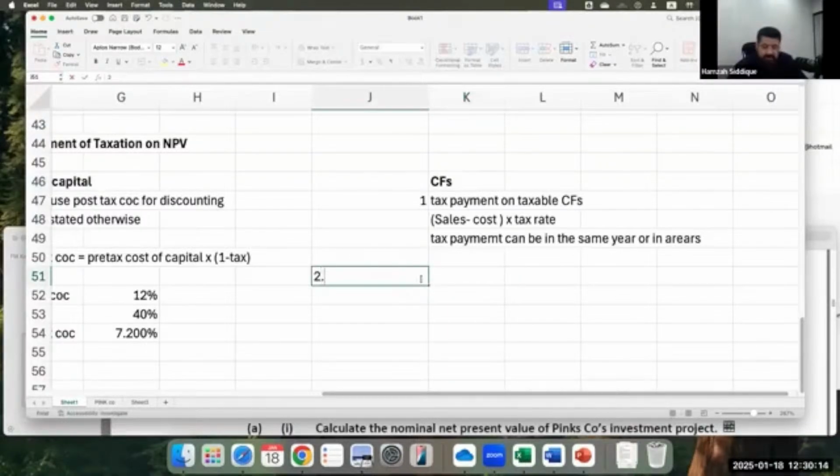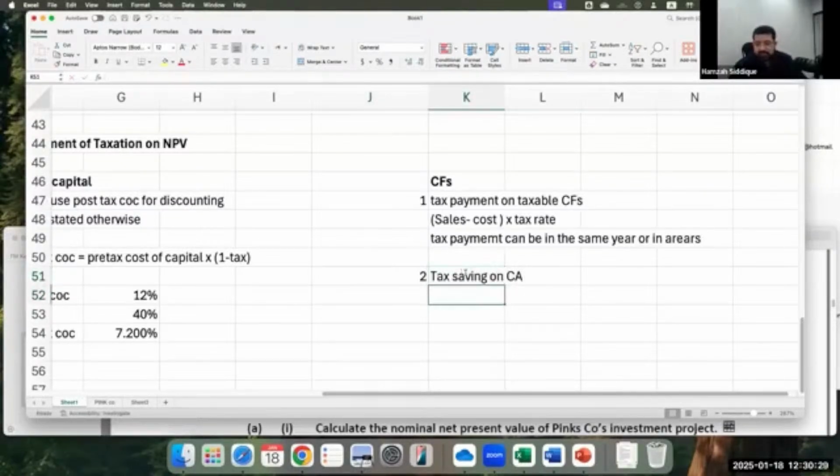Second adjustment is tax saving on capital allowance.